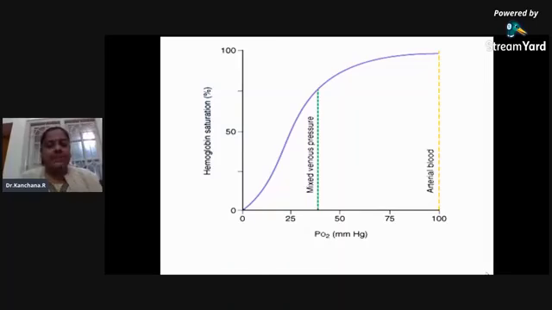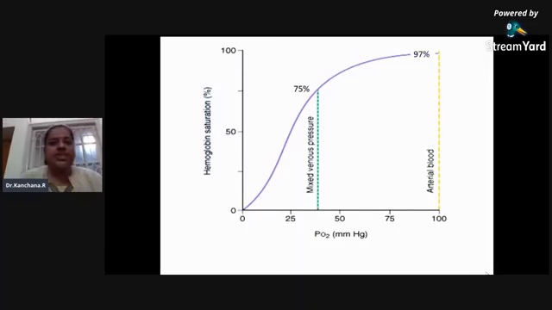So when a person ascends to high altitudes, or in pulmonary diseases, wherein the PO2 levels fall, it does not affect the percentage saturation of hemoglobin with oxygen. That is, it remains around 90% for the range between 60 mm Hg and 100 mm Hg of PO2. This is the basic advantage of the plateau phase.